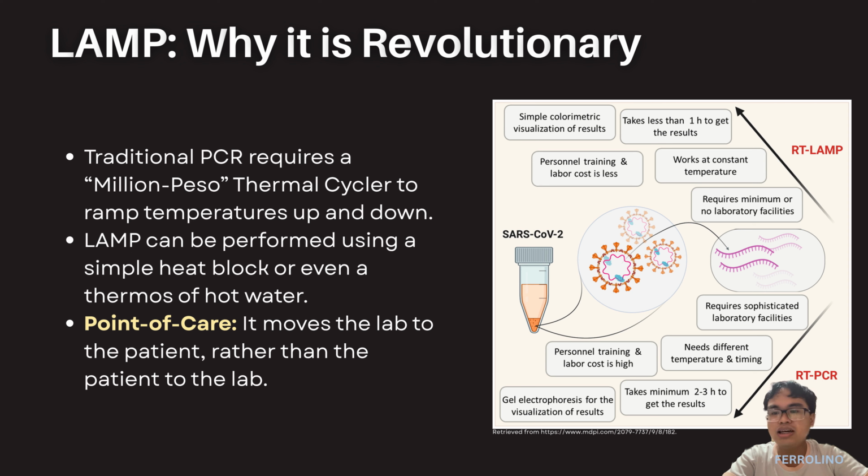Deepening our comparison between RT-PCR and RT-LAMP, we must address the thermodynamic efficiency and enzymatic robustness of the two methods. In traditional PCR, a significant portion of the reaction time is dead time, the interval during which the thermal cycler is ramping temperatures between denaturation temperature of 95 degrees Celsius and annealing temperature of approximately 55 to 60 degrees Celsius.